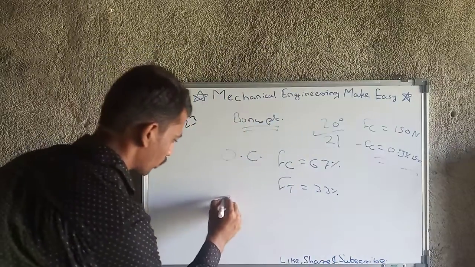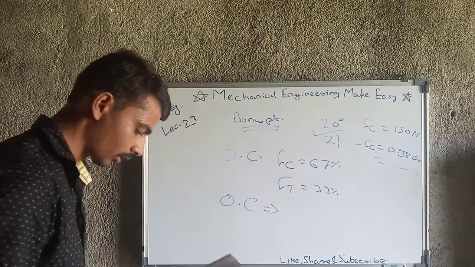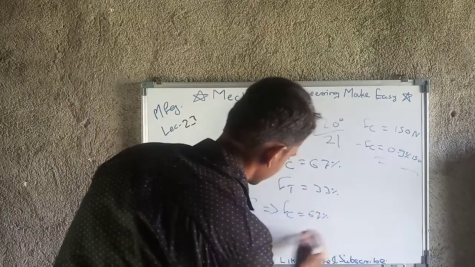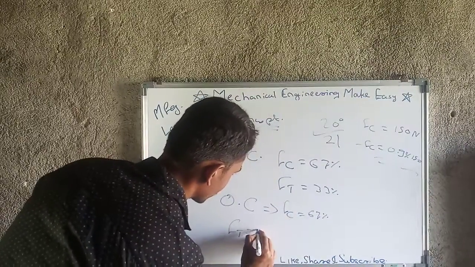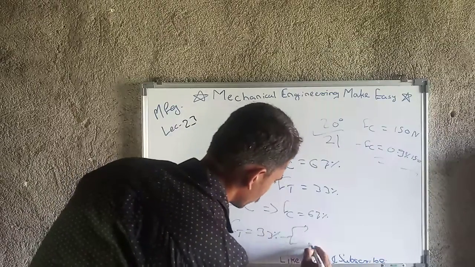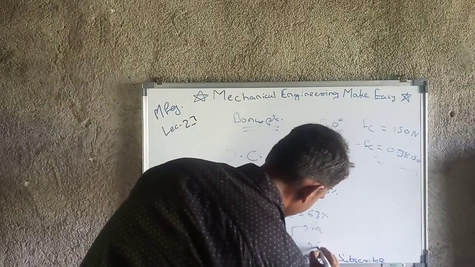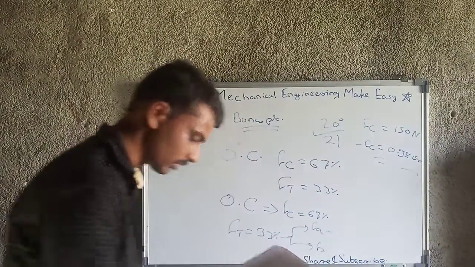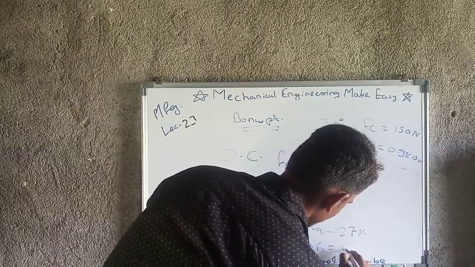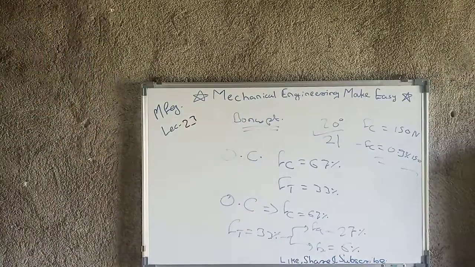And in case of oblique cutting, the cutting force is the same, 67%, and the thrust force is also the same, 33%, but this thrust force will be divided into two components, axial force and radial force. So axial force will have a magnitude of 27% and radial force a magnitude of 6%. Okay, note down all these parameters.